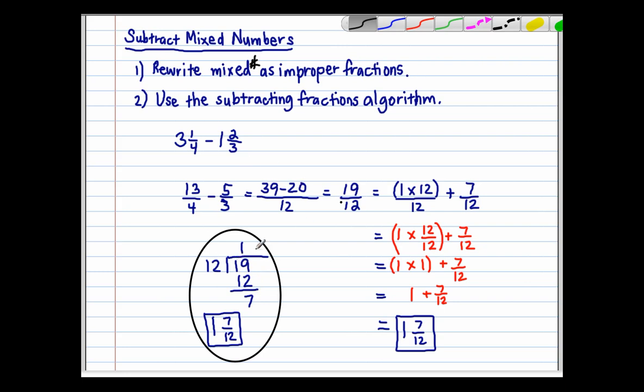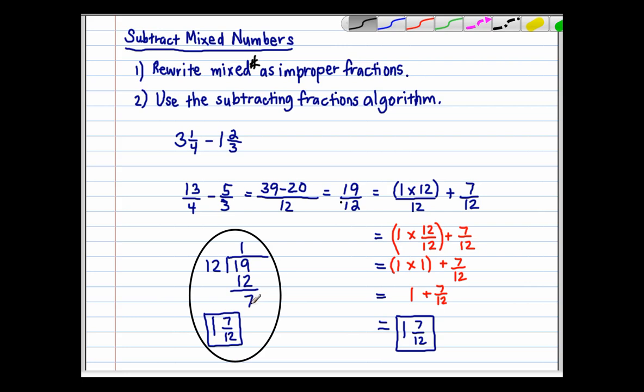Okay? And if you didn't want to think about it in this way, you could do it the other way. You can take your numerator and divide it by your denominator, and you can see that 12 goes into 19 only one time. 1 times 12 is 12. 19 minus 12 is 7.